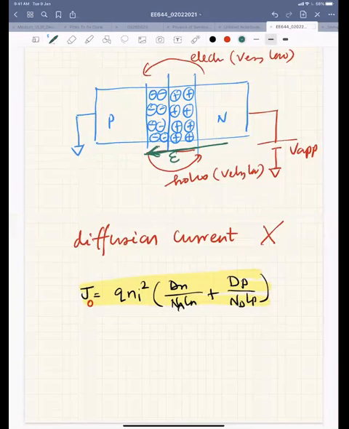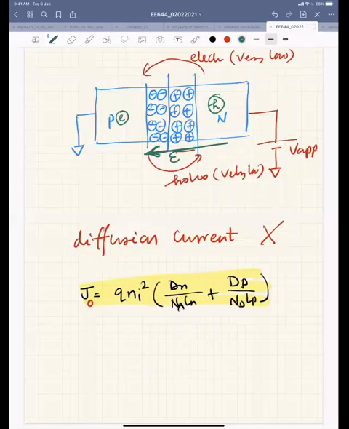And here there are holes and electrons on this side, and I have minority carrier electrons here, and also minority holes here. So this reverse saturation current is nothing but the injection of these minority carriers.